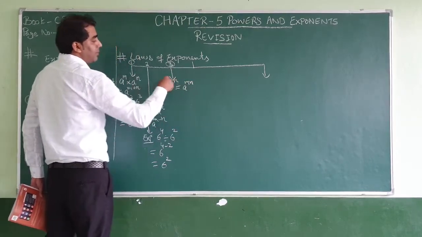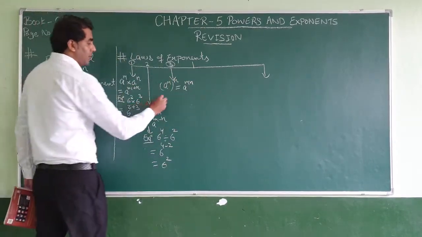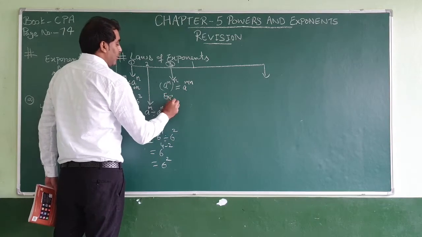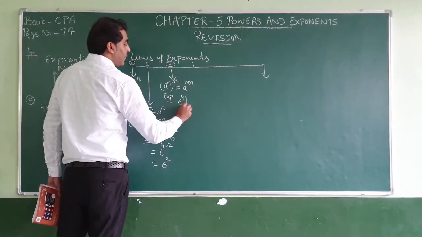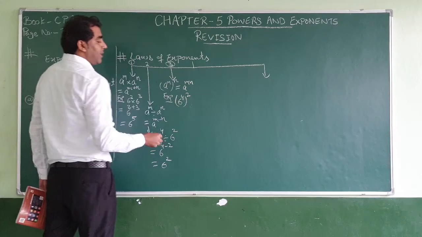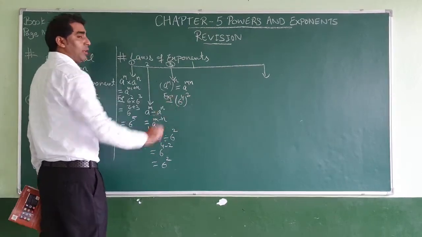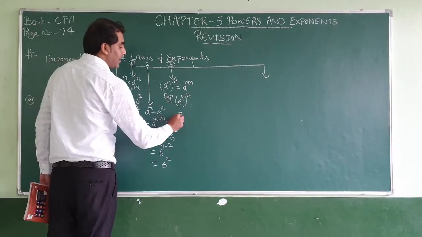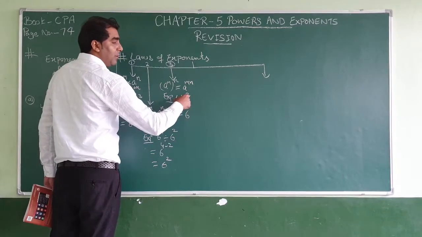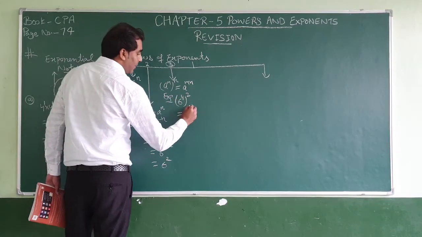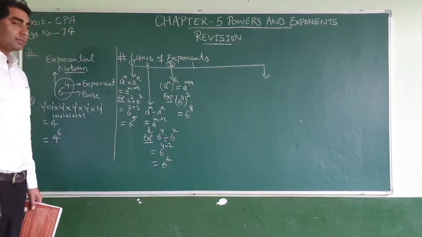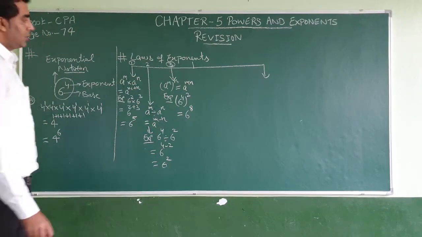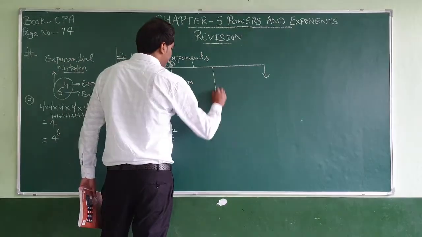It means the exponents will be multiplied. For example, we have 6 power 4, whole power 2. The answer will be 6 power 4 times 2, which is 6 power 8. Understood? So now the fourth one.